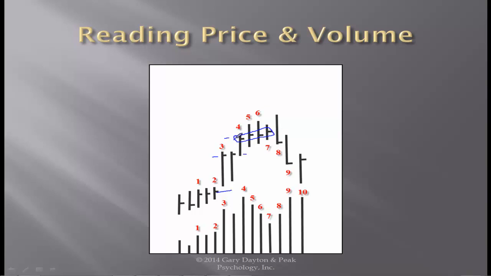And we can also see that the tops are getting less and less. We're making less progress up. Let's just show you this. From the last high to this close, we made this amount of progress. Then we made to this high or close, it doesn't matter really, this amount of progress. Then we made this amount of progress.